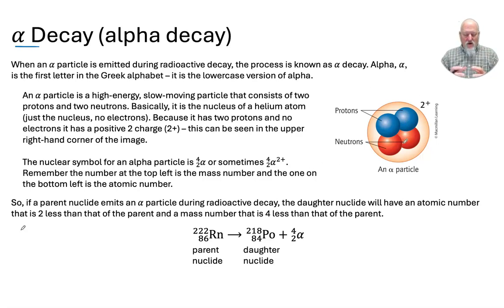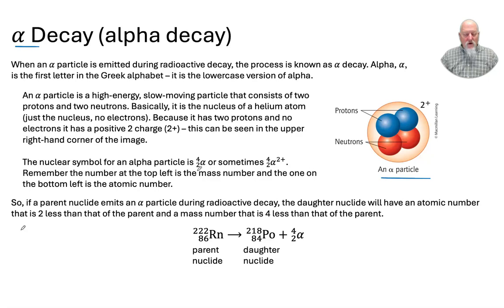So when a nucleus releases a particle that has 2 protons and 2 neutrons, that is an alpha particle. Usually large nuclei that contain lots of protons and neutrons and are radioactive will emit alpha particles to try to get to a nucleus that's a little bit smaller and more stable.